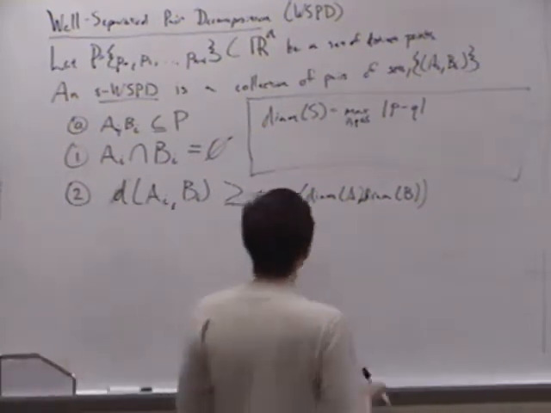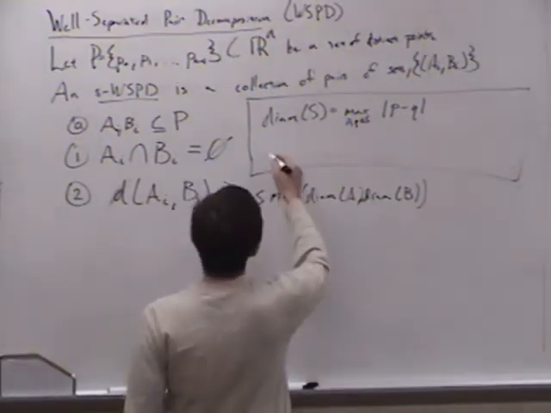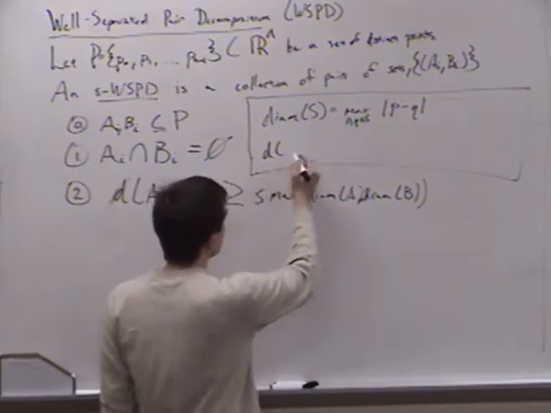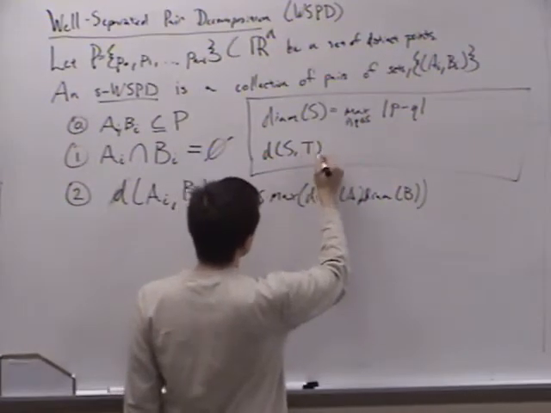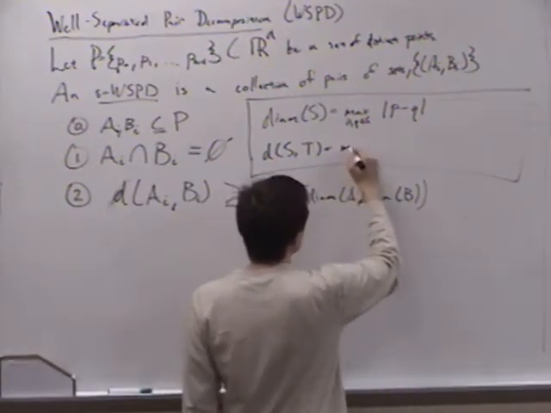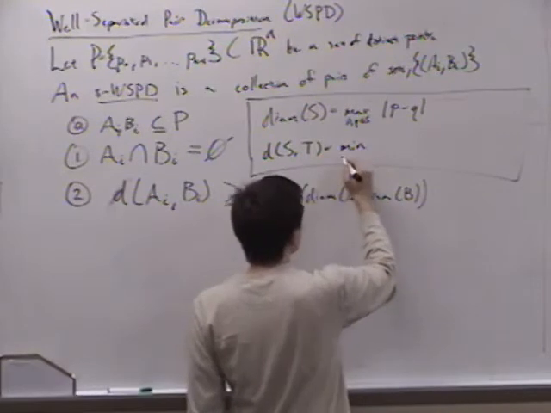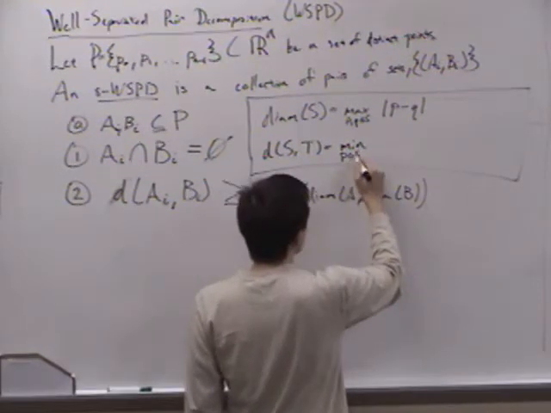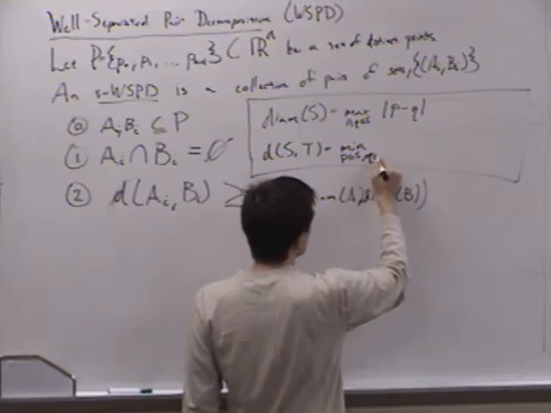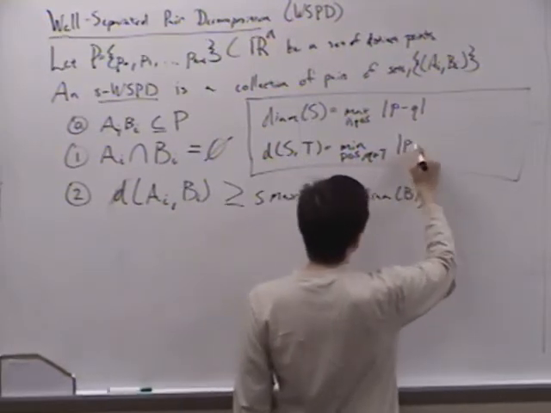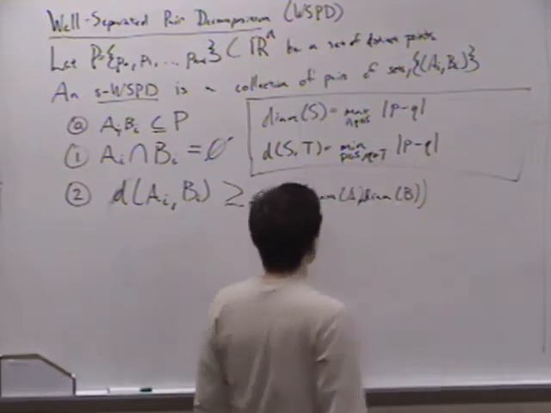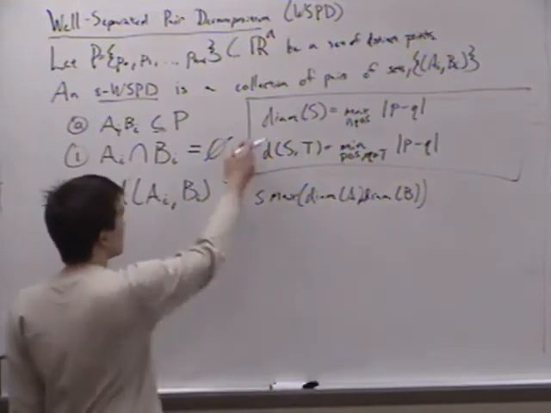So straightforward. And the distance, again, between two disjoint sets S, T is just the minimum over p in S, q in T of |p - q|. All right, so we're going to keep using this notation here.